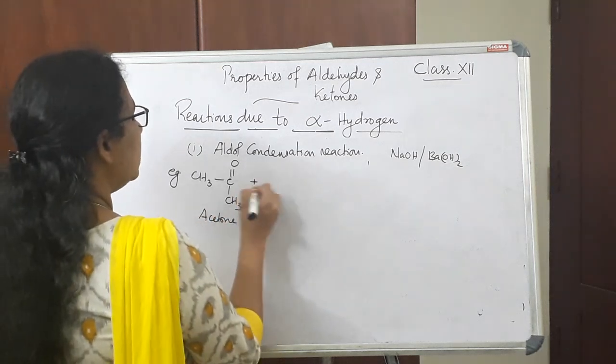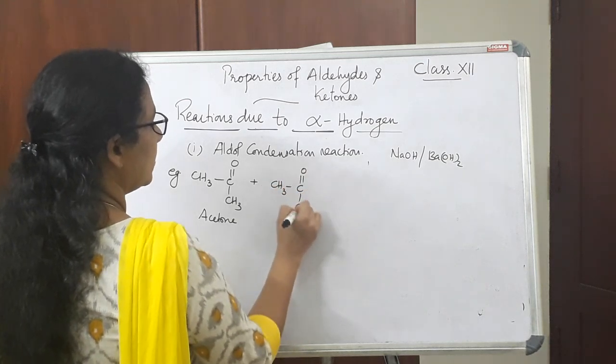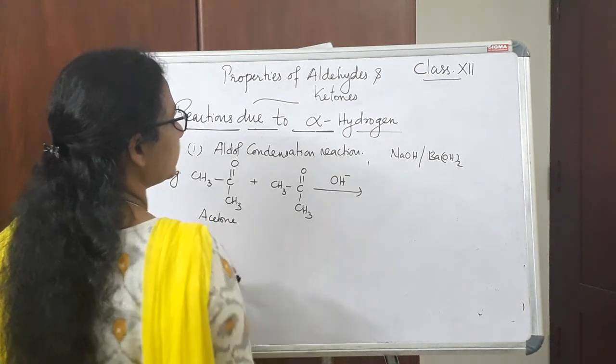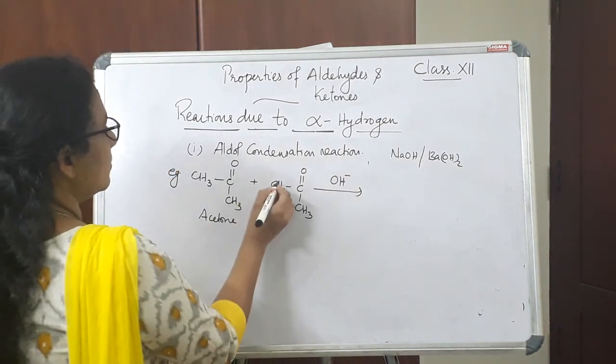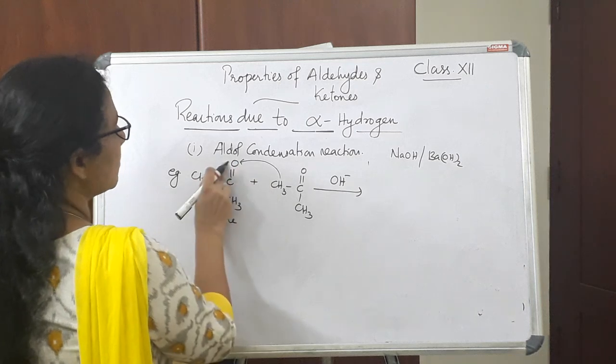So in the case of ketone also we will take two molecules of CH3COCH3 in presence of a base. Here also the alpha hydrogen will move towards this oxygen.